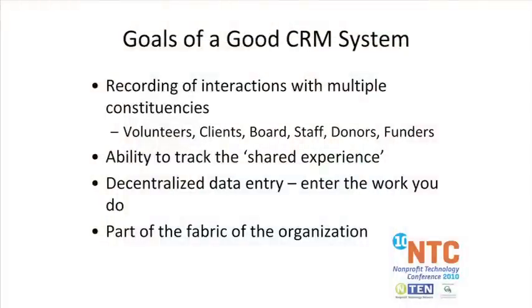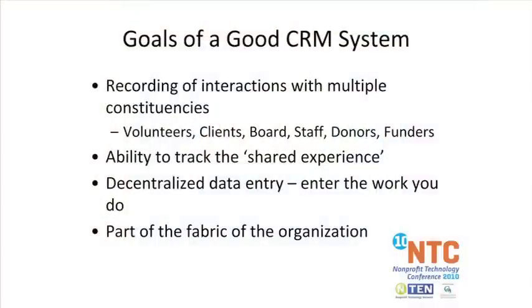So the goals of a good system are something that records interactions with the multiple constituencies. So it's not just donors, it's not just volunteers, it's also programming and everything else. We're able to track the shared experience. That means being able to see when someone is meeting with someone, or what emails were sent out to a group of volunteers, or what e-newsletters went to what specific targeted points of our stakeholders.